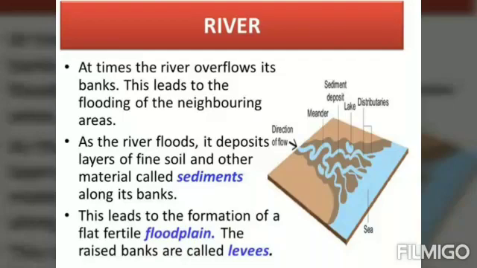At times the river overflows its banks, which leads to the flooding of the neighboring areas. As the river floods, it deposits layers of fine soil and other materials called sediments along its banks.